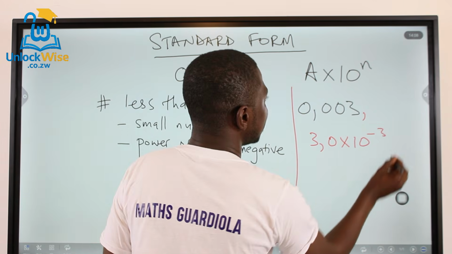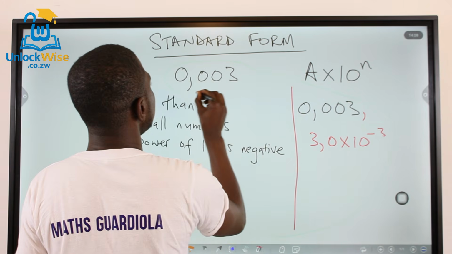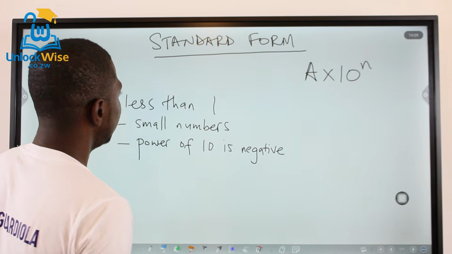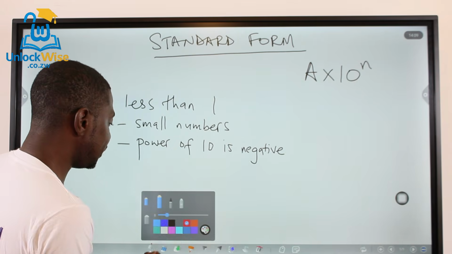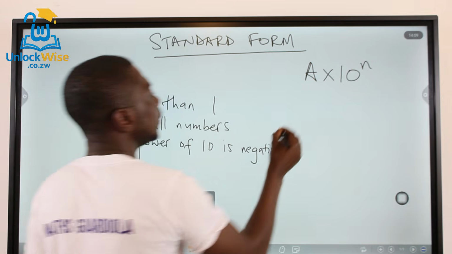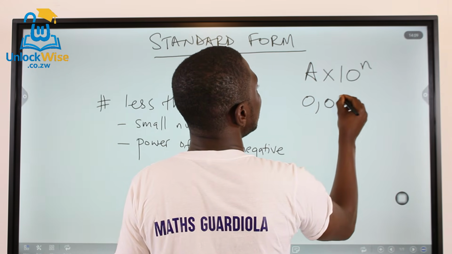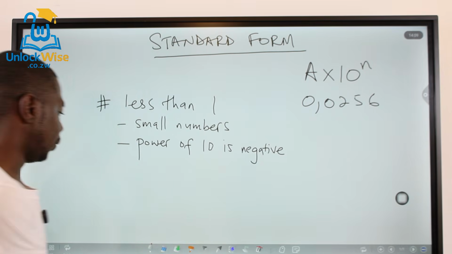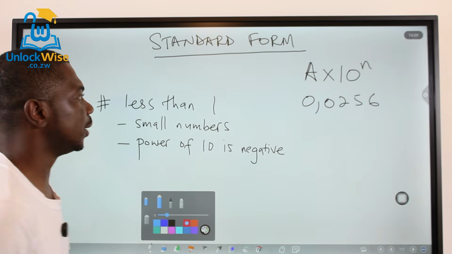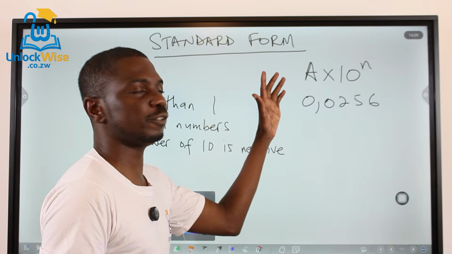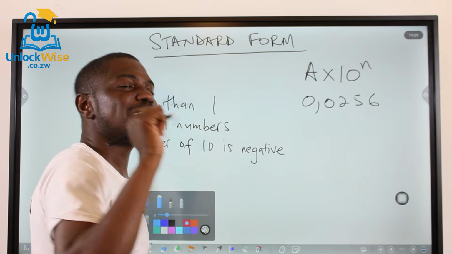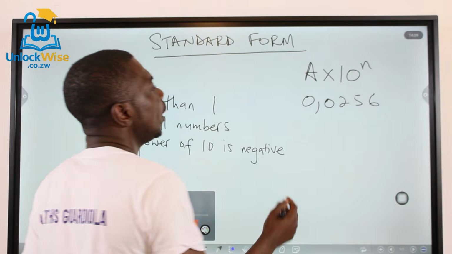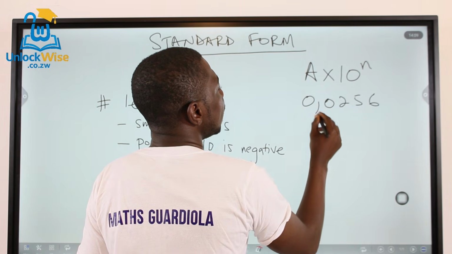Let me give you another example so that you understand this better. Let's say we have 0,0256 and we want to write this in standard form, right? So what we are going to do is check from left to right. After our first non-zero number, that's where our comma should be.